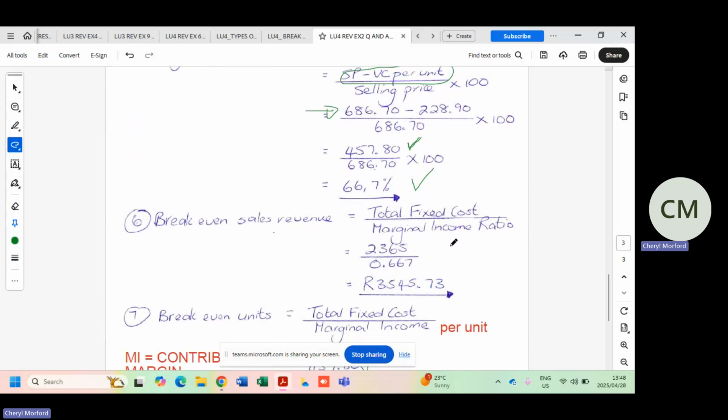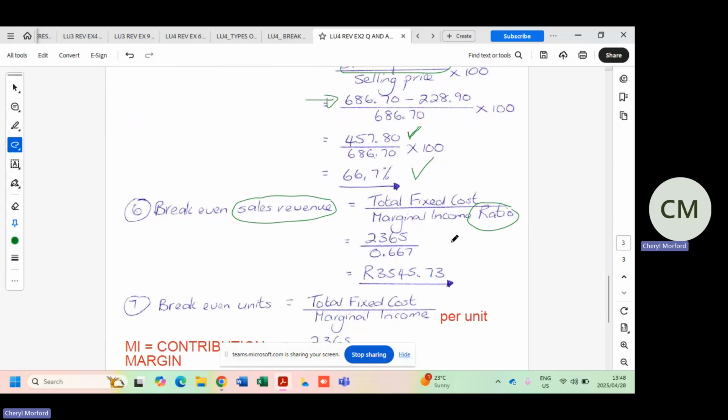So one option to do the break-even sales revenue this time, not units, is to use a formula that is very similar to the one for the break-even units. Only difference now is this time we are saying the total fixed cost divided by the marginal income ratio, which we worked out as 66.7%.